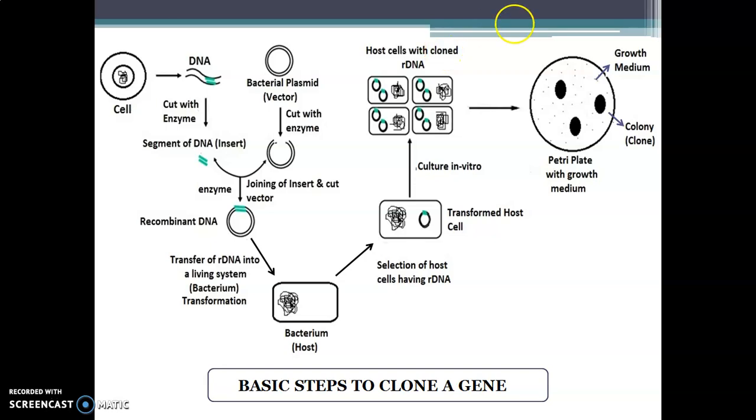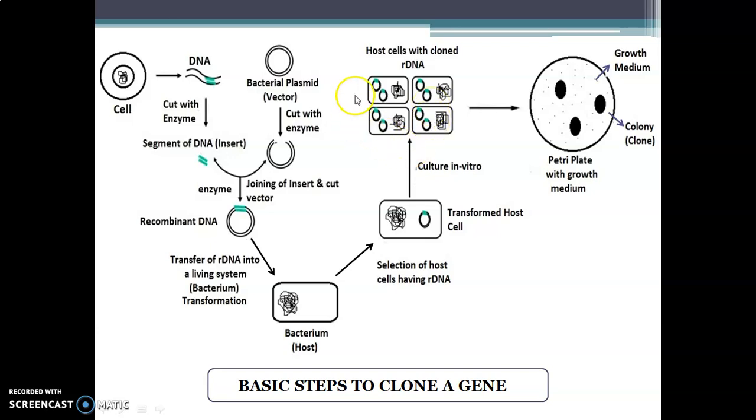And because the bacterial cells have the rDNA inside them, and rDNA is capable of autonomous replication, in each of the bacterial cells there will be the formation of multiple copies of the rDNA. And because your gene of interest is also part of the rDNA, the gene of interest replicates along with the rDNA. So it will also get accumulated inside the bacterial cells.